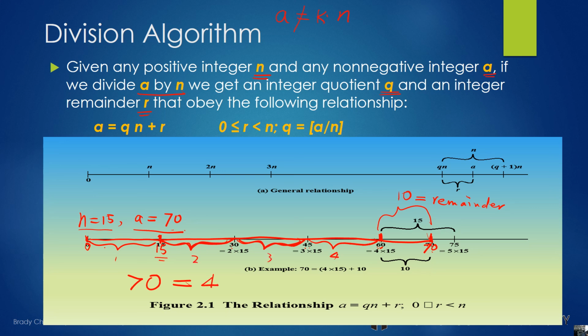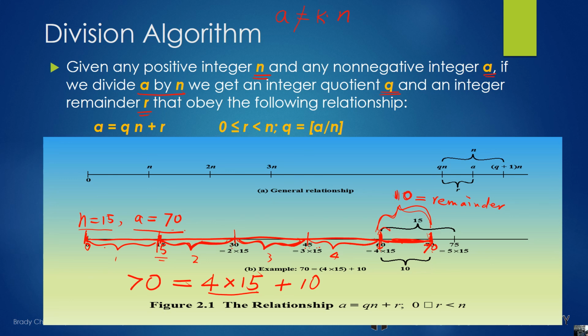So we have 4 fragments of 15 each, for a total of 60, and then we have 10 remaining. So we have a total of 70, we cut smaller fragments of 15, and we have 4 fragments plus a remainder which is smaller than 15. If it were greater than 15, we could cut another piece, right? But it's smaller than 15.